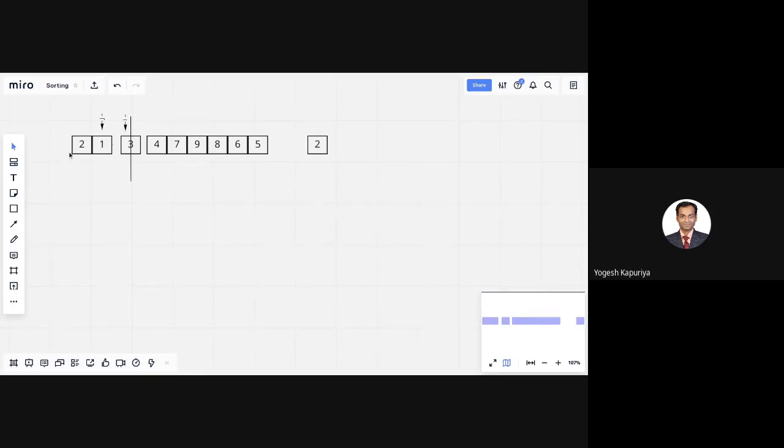There will be another condition which will check that I should always stay within the boundary. Boundary is here. This is my right, and this is my left. It should not go beyond this. If it goes beyond that, that should be the stop condition. Remember, it's a loop, so there should be a stoppage where I will stop.